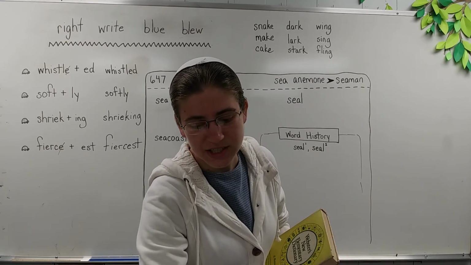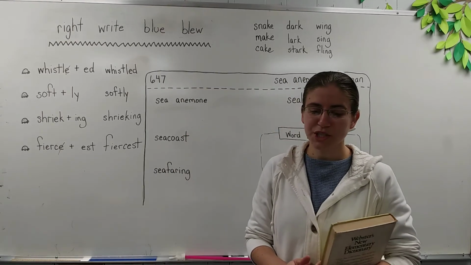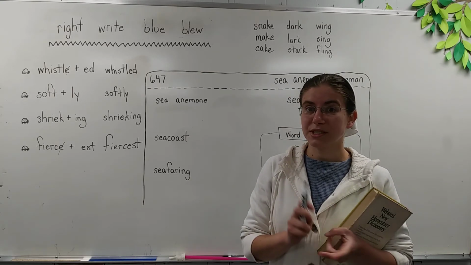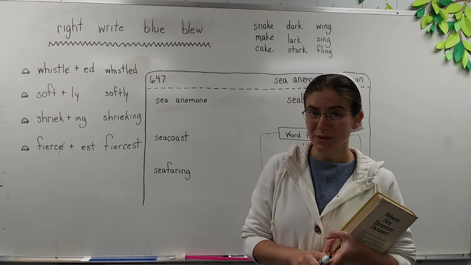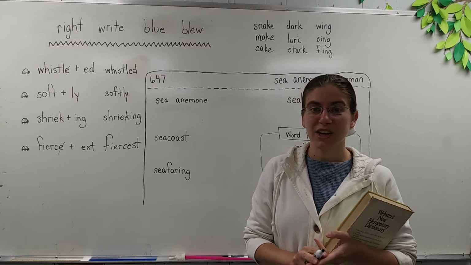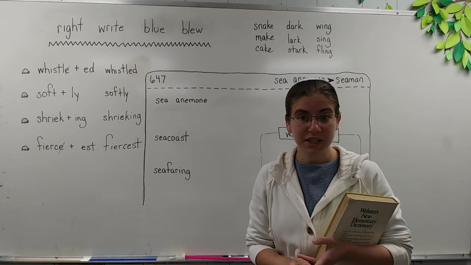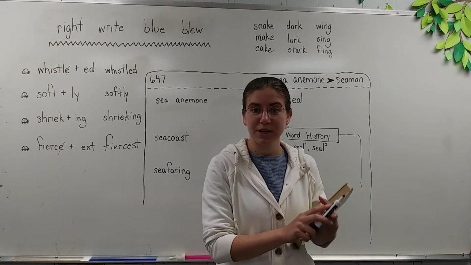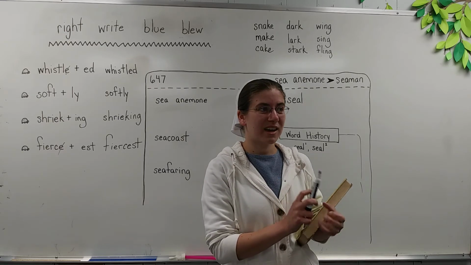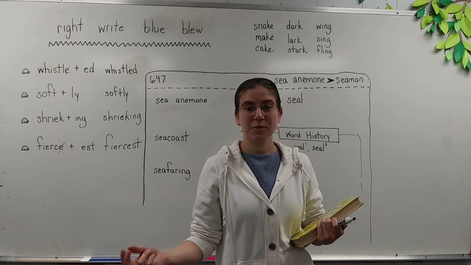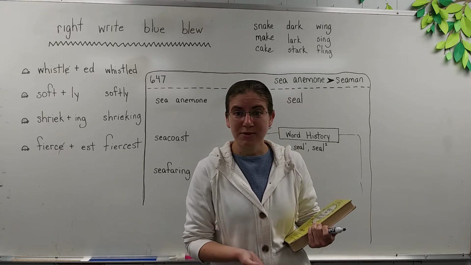So a dictionary can tell us how to spell a word. It can tell us how to say a word correctly. And it can tell us what a word means. And it can also tell us what part of speech a word is. A dictionary can tell us if the word coyote is a noun or an adjective or an adverb.